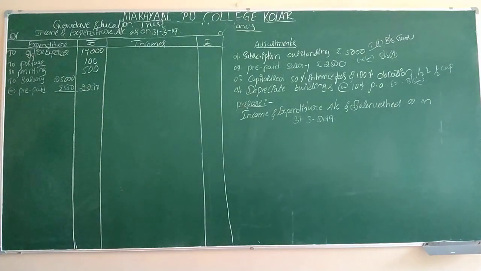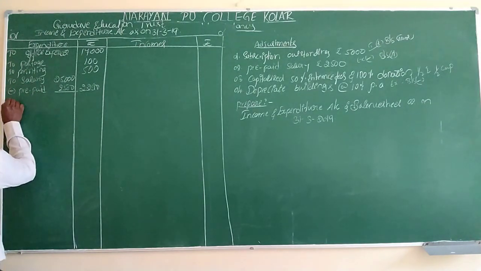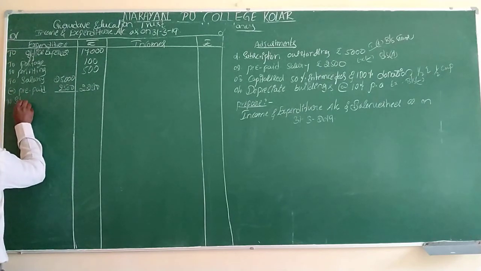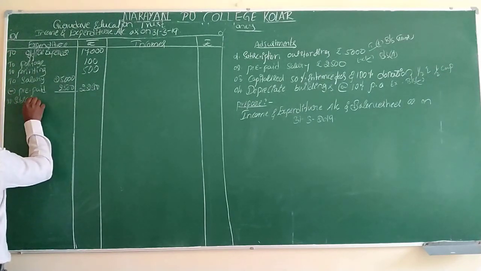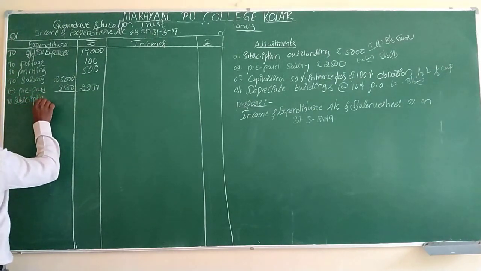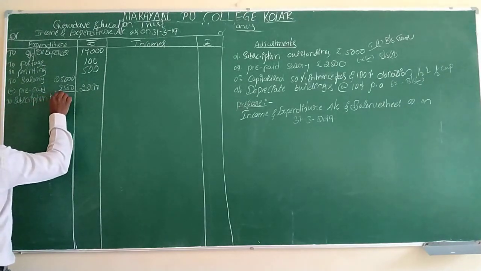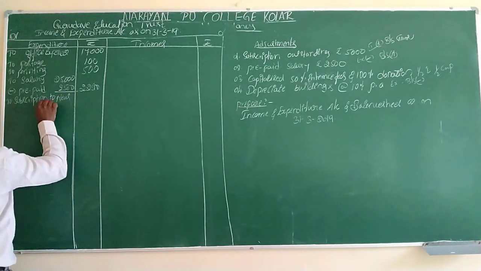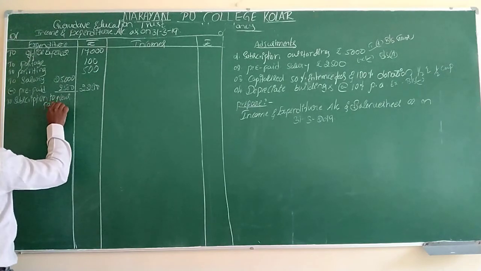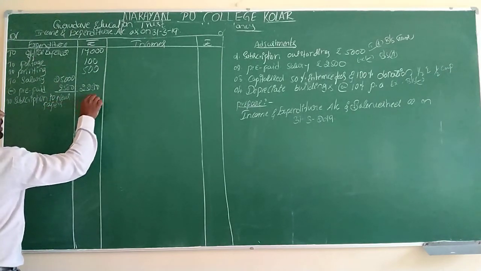After salary, we have one more expense, that is to subscription to newspapers. Rupees 600 is given.